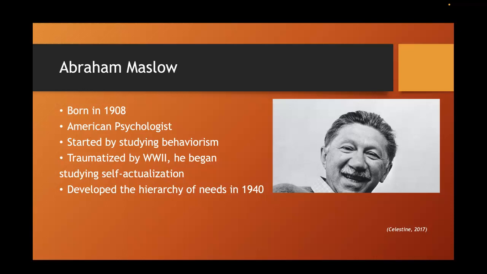Abraham Maslow was an American psychologist. He studied behaviorism specifically, and in studying human behaviorism, experiencing the trauma of World War II, he began studying self-actualization. We'll get a little bit more into what self-actualization means, what it looks like, and how people can achieve it. Then he developed the hierarchy of needs in 1940.